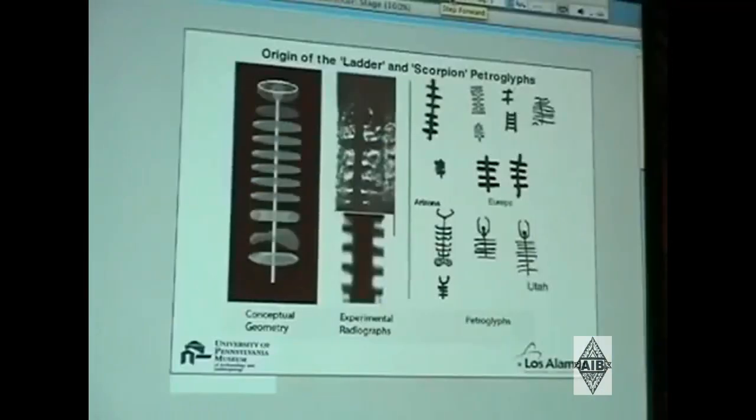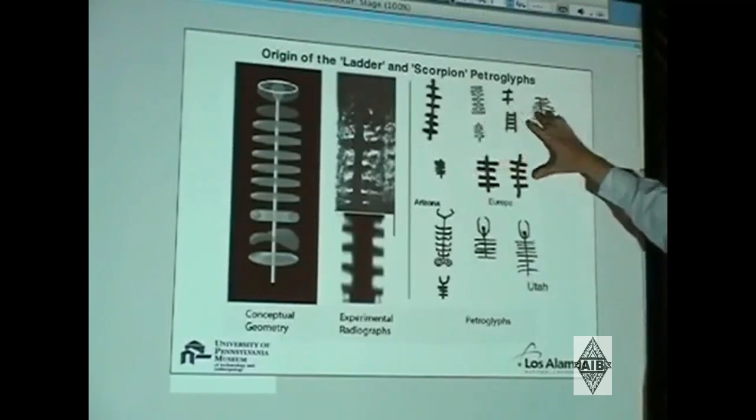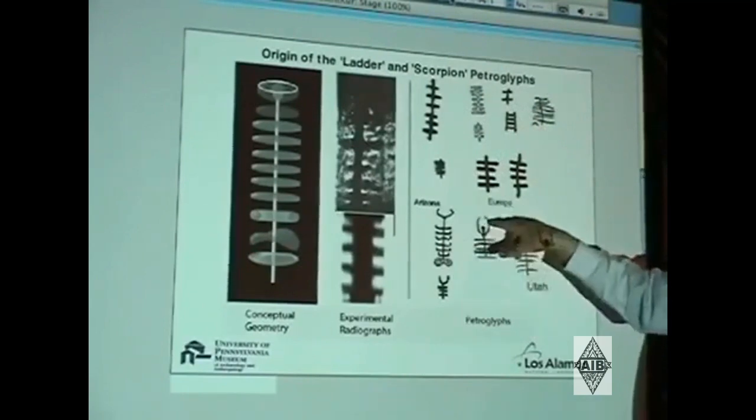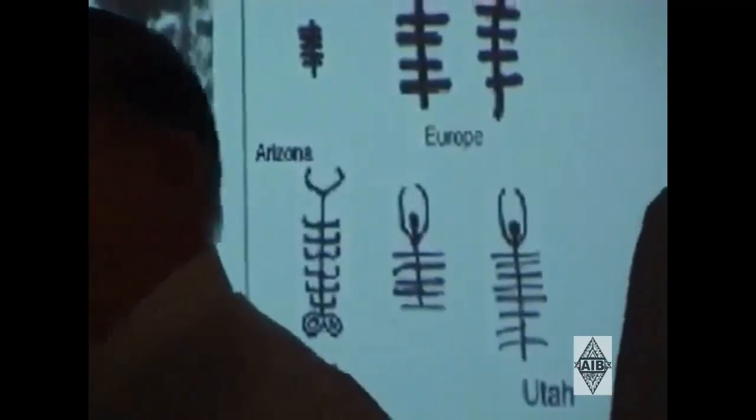The ladder and scorpion petroglyphs, again, they're all over. Ireland has got a lot. Every place has got a lot of these so-called ladder petroglyphs, and also the so-called scorpion petroglyphs are found all over. And what happens is that these donuts, as the current increases, the donuts, the toroids in the column tend to flatten out, and then they start to warp as the current increases.